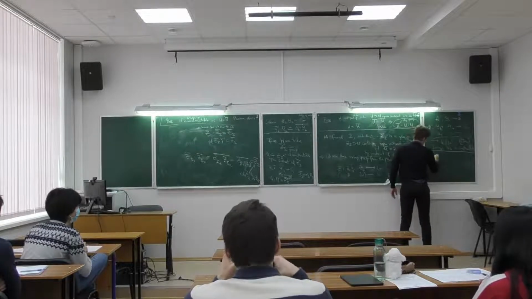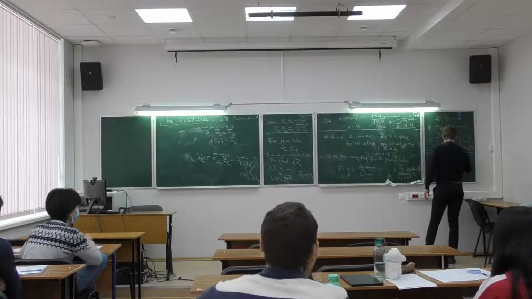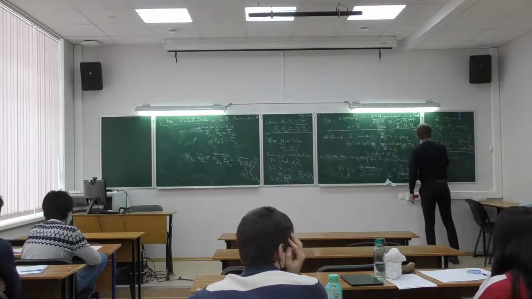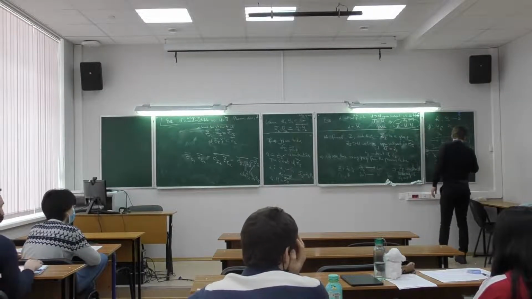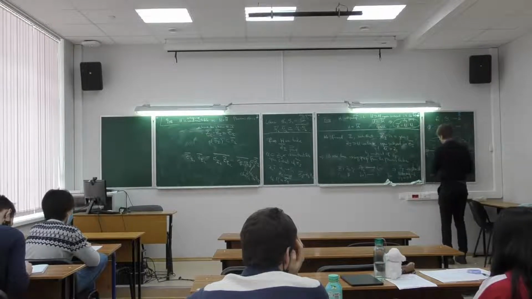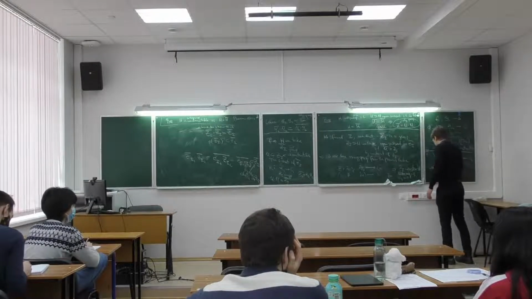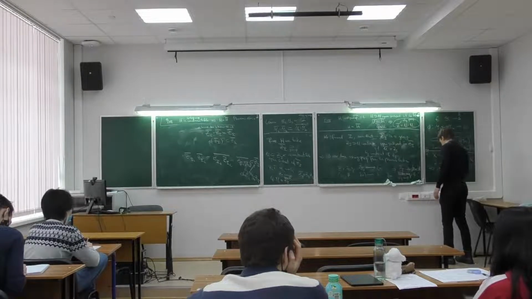So let us take a morphism of varieties. So this will be an exercise: a morphism of algebraic varieties, and Z is constructible in X. Then I claim that f of Z is constructible.